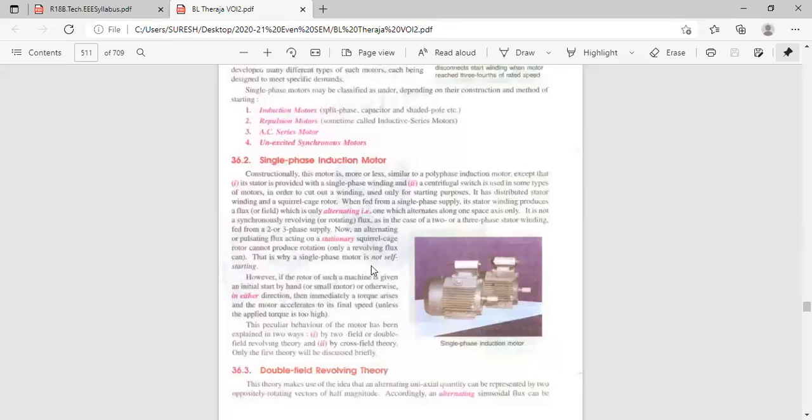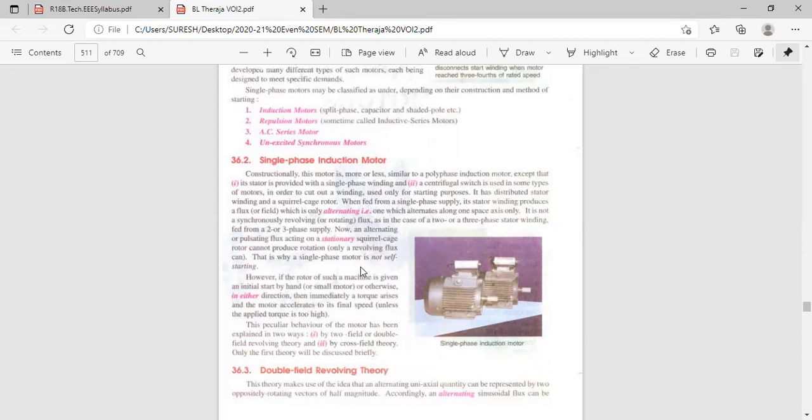Why is it not self-starting? Can anyone tell the reason? Here it is in this para.